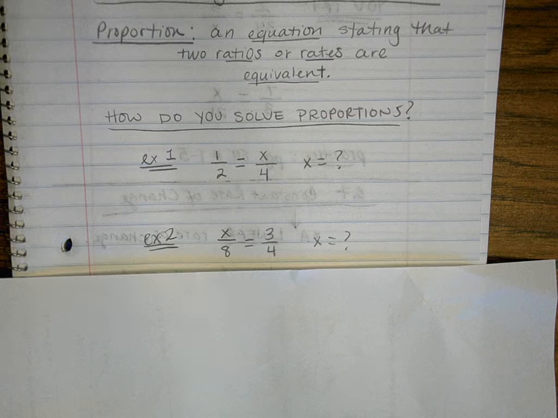Kaylin, what do you think it is? 6. How'd you do that? 3 times 2 is 6. So you did the times thing, like Israel said. Like, so 4 times 2 is 8, so 3 times 2 must be 6. Did anybody else figure it out that way?